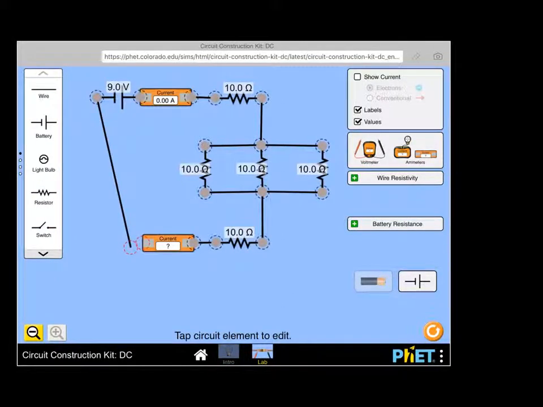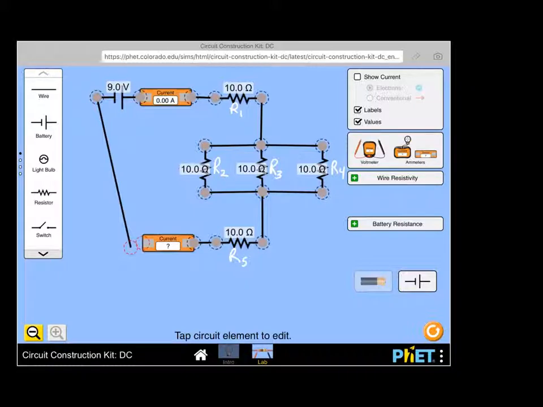All right, so what I want you to do is draw that circuit, choose some appropriate labels. So we're all on the same page, we'll call this resistor 1, resistor 2, resistor 3, resistor 4, and resistor 5. And we'll just leave all of those at 10 ohms.